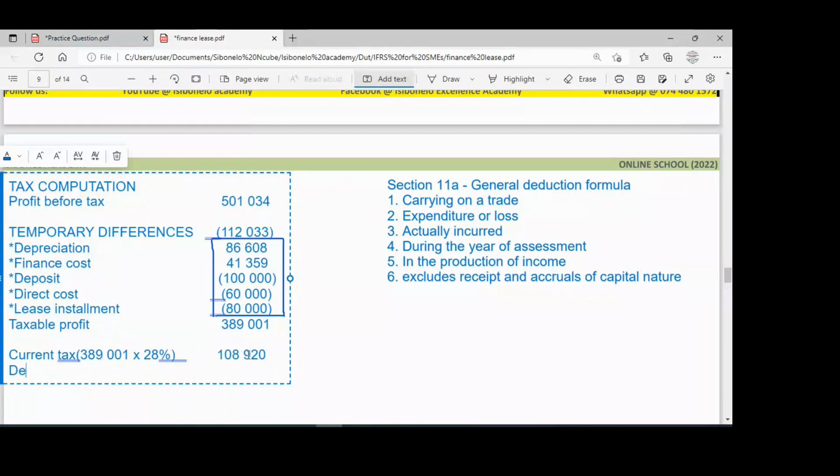So that is calculated; now the deferred tax. Guys, for the deferred tax, use the calculator on the temporary differences. So for deferred tax you take your temporary differences, 112,033 times 28%.